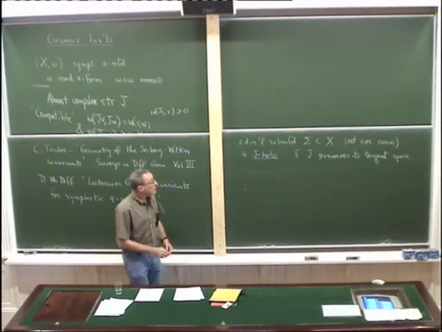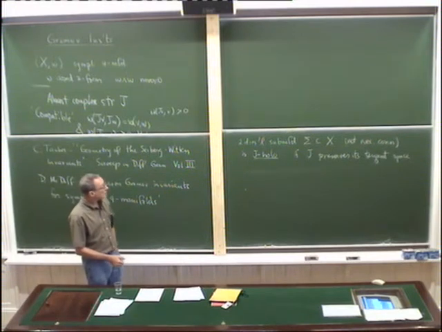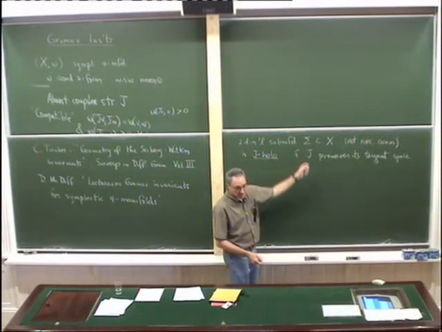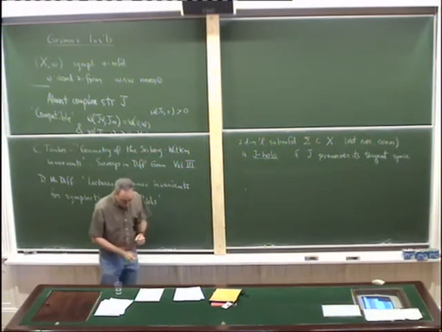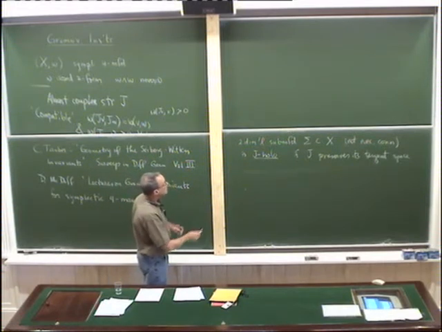If that's the case, then J restricts to give you an almost complex structure on sigma, and omega restricts as a symplectic form on sigma.